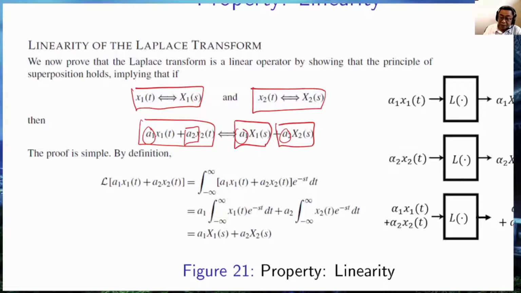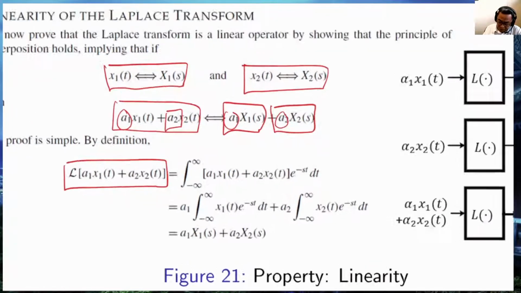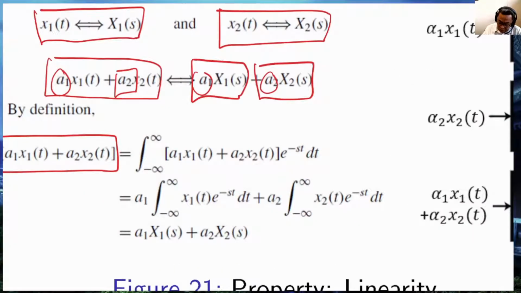So let us examine the Laplace transform equation directly and show that this is true. Here we are doing the bilateral transform, but it applies equally if it is single-sided. So a1 x1(t) plus a2 x2(t) is the original signal, and we multiply by e^(-st).